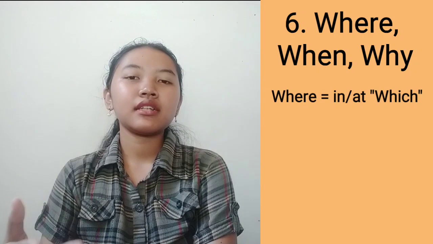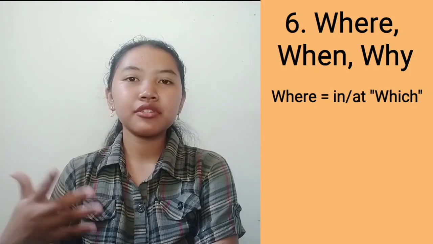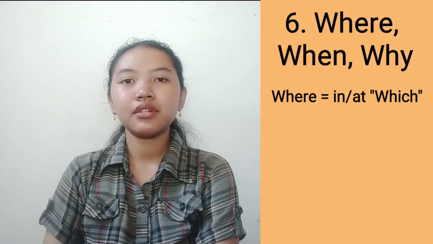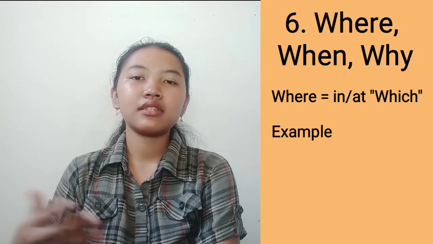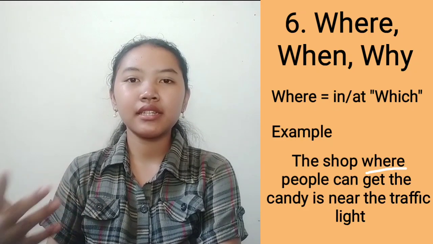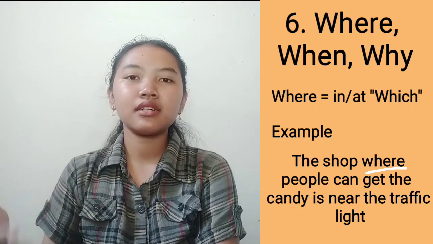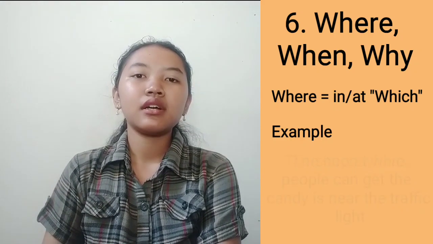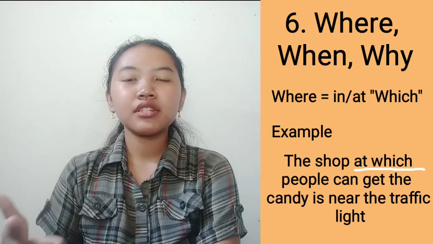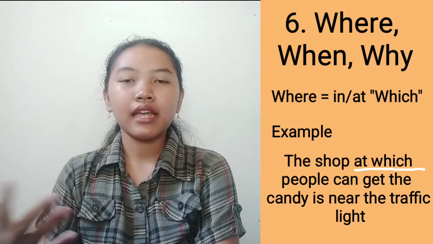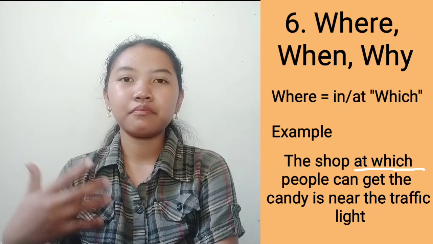Where can be replaced with preposition in or at. For example, the shop where people can get the candy is near the traffic light. If we change it with which, the shop at which people can get the candy is near the traffic light.